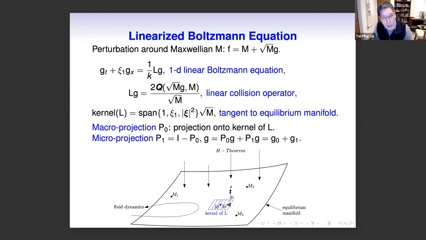One component is on this tangent space. It is a projection into the kernel of L. And then G1 is orthogonal to that. And G1 we call the micro part, and G0 we call the macro part.